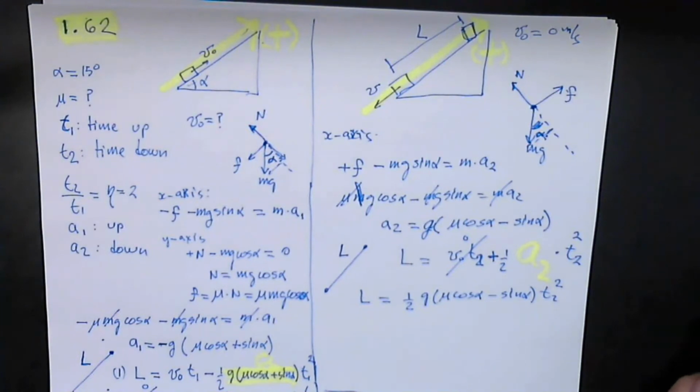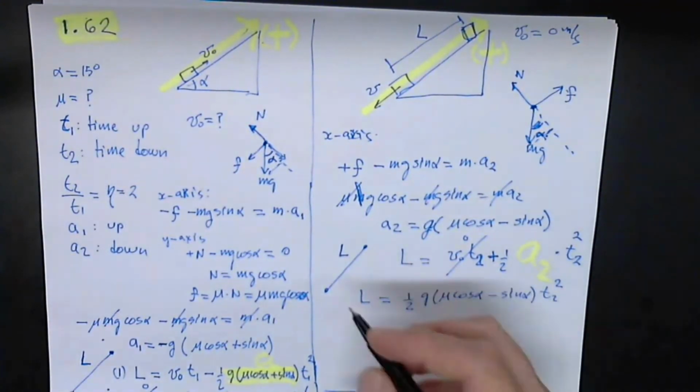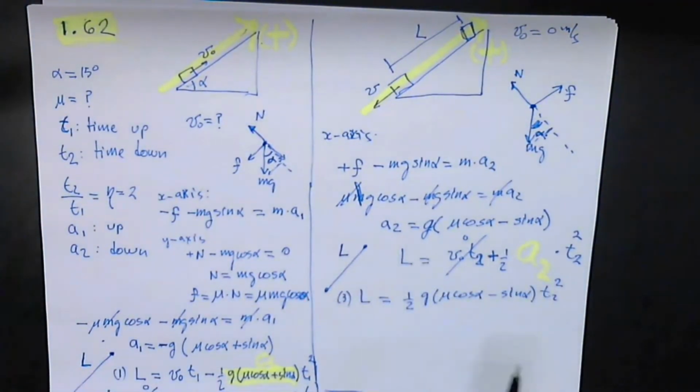So now I have three equations, and the unknowns are L, mu, and v naught.